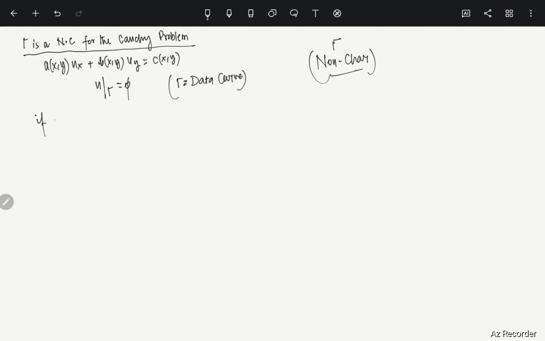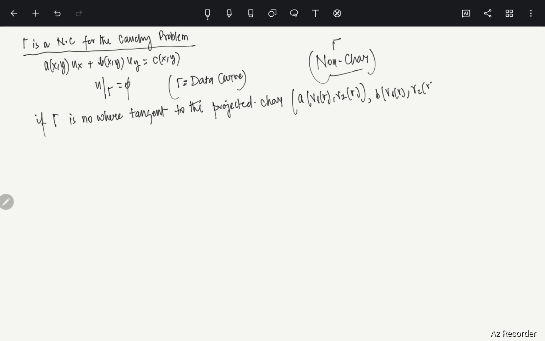The data curve gamma is called non-characteristic if gamma is nowhere tangent to the projected characteristics. In this case it is A of gamma 1 of r, gamma 2 of r, times B of gamma 1 of r, gamma 2 of r.